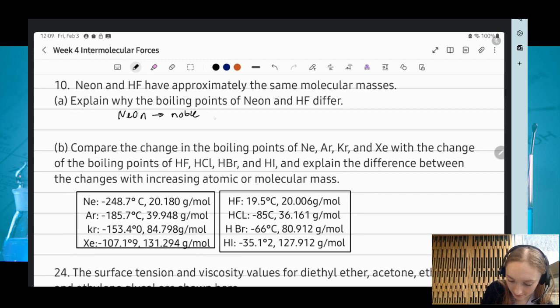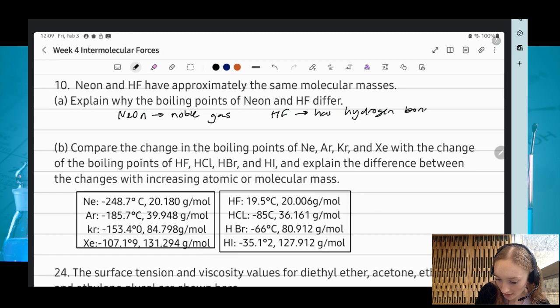And HF has hydrogen bonding. Because neon is a noble gas, it has dispersion forces. It's just one atom, it's already a gas, it doesn't have anything bonded to it. So it's going to just have dispersion forces.